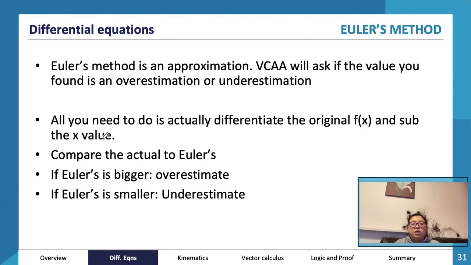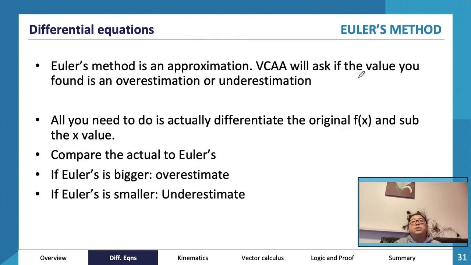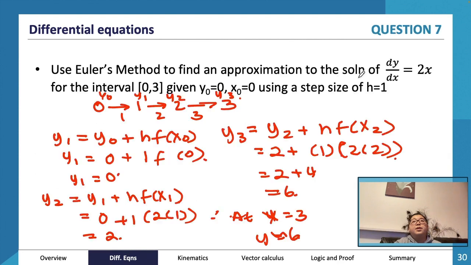So what you want to do is essentially just differentiate it and then just compare it. Like for this previous one here, if we anti-differentiated this one here to find the value that we wanted, we would get that this is going to just be x squared, and then essentially plus 0 overall.